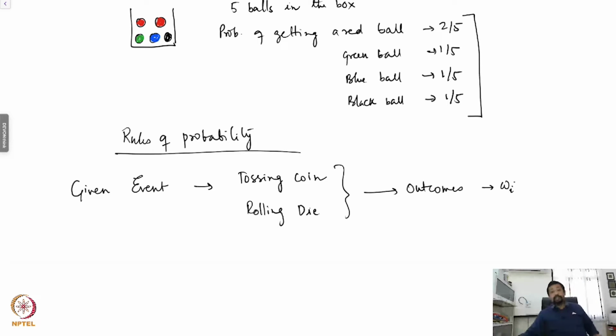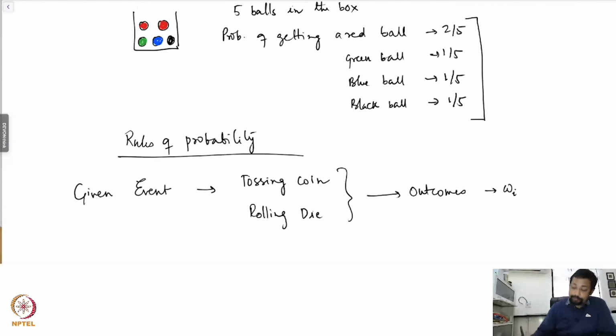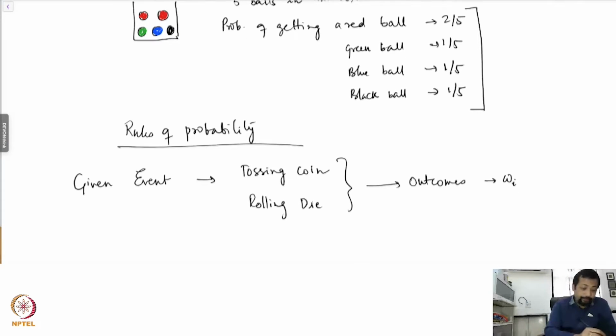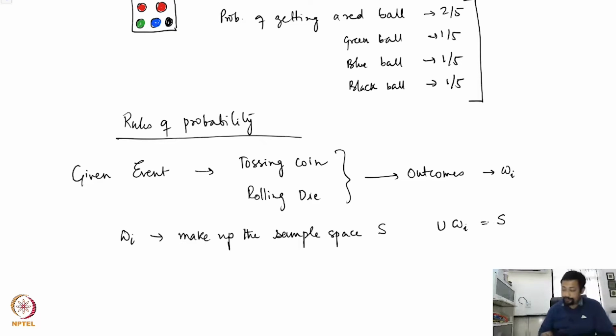These are the elements that we normally talk about. These outcomes make up what is called the sample space of the system. So these outcomes omega i make up the sample space S, so that we can write omega i is equal to S.